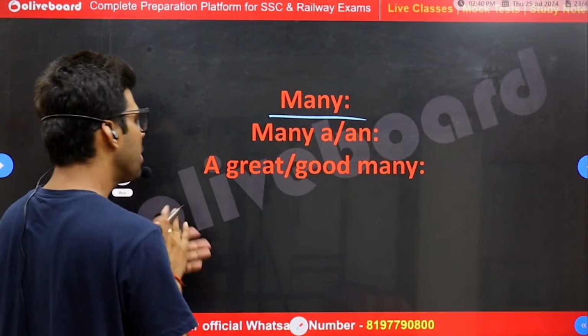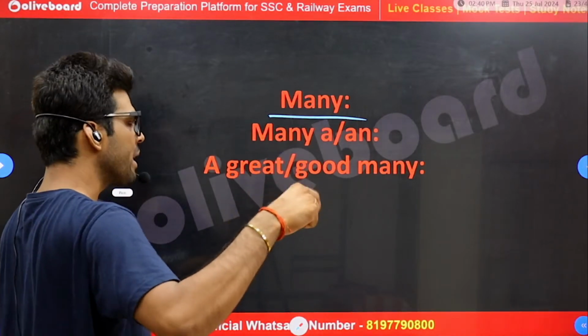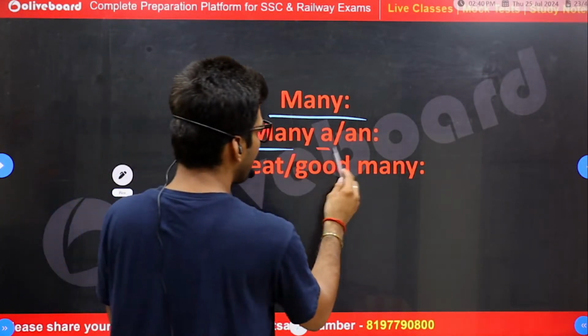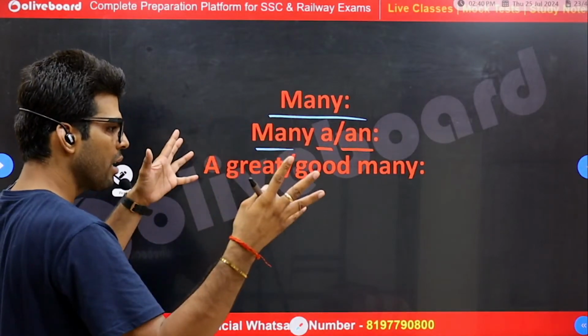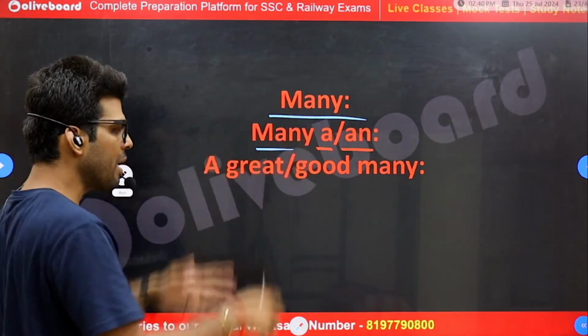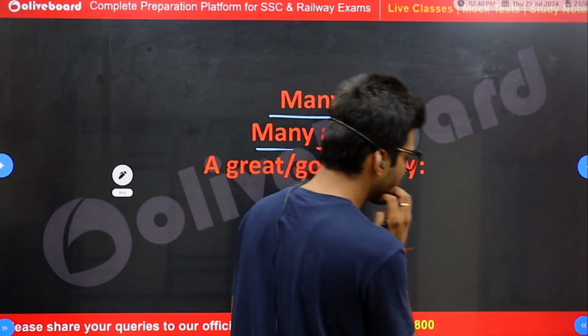Okay, moving ahead. In spoken English, we say, many people are there. I have told him many times, but sometimes to emphasize one of those particularly, we put the structure many, A and N. And to exaggerate that, there were a great many people, a lot more than that. We put a good many, a great many, just to exaggerate that.